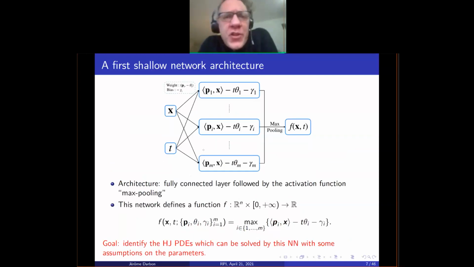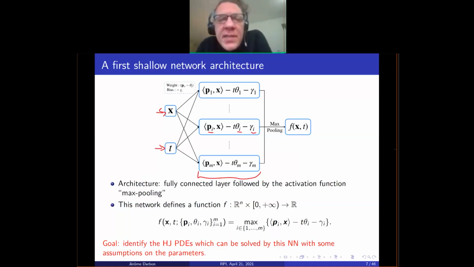Here I give you a shallow neural network. It means I have only one internal layer. The inputs of the neural network are x and t, where I want to evaluate the solution. From the input, I am considering M neurons, and each neuron takes the input (x,t) and does an affine combination of the inputs using the parameters p_i, theta_i, and gamma_i.